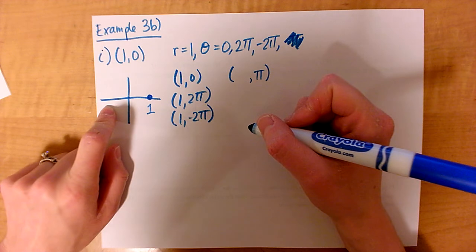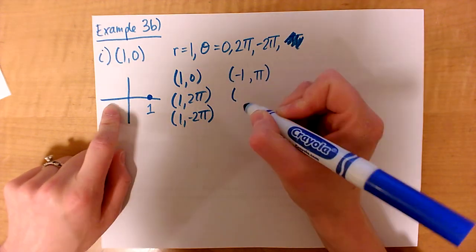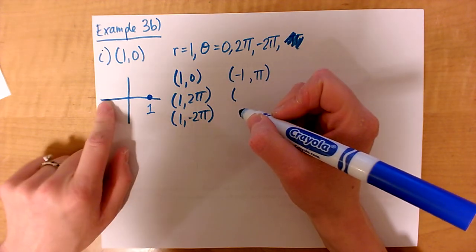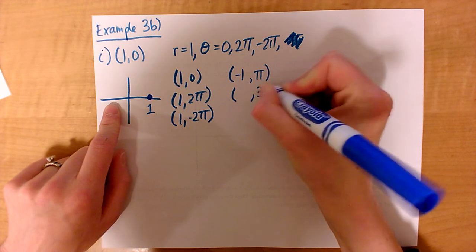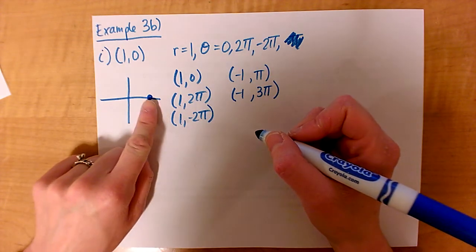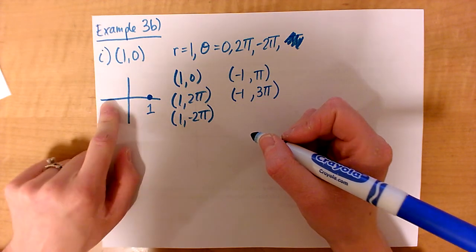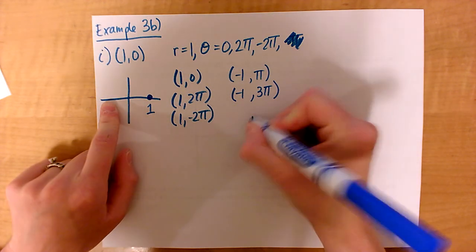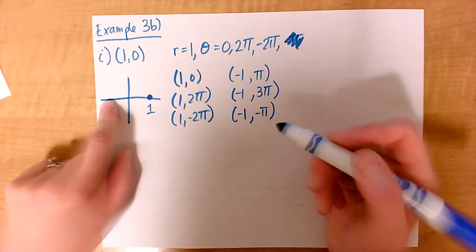If I go over there, but then I flip my distance so it's negative, I would have a negative 1. Or if you add 2 pi to it, that could be 3 pi, right there, and then that would be a negative 1. Or if you want to go the negative angle to this, this is negative pi, and then you would still have a negative 1.